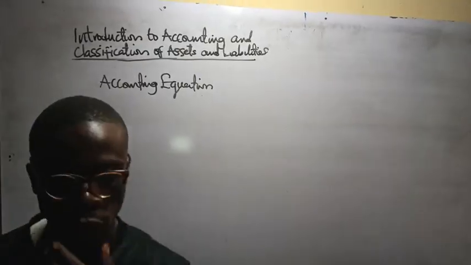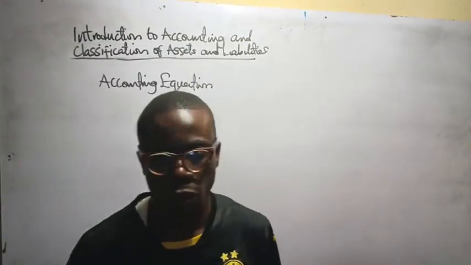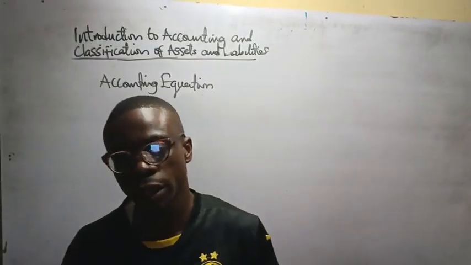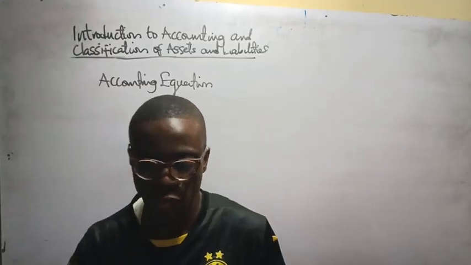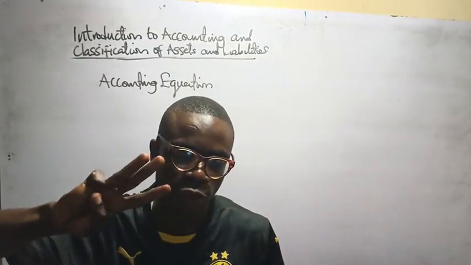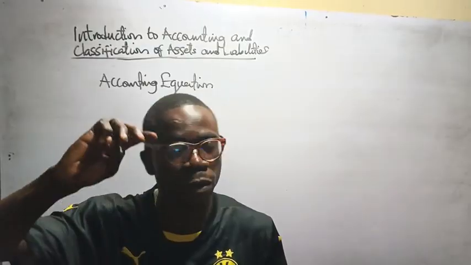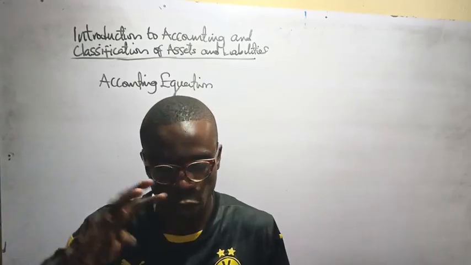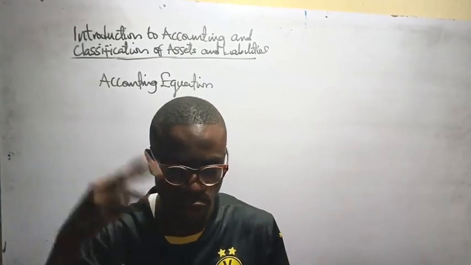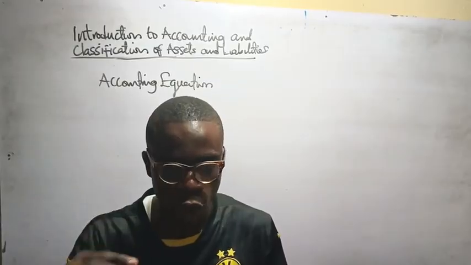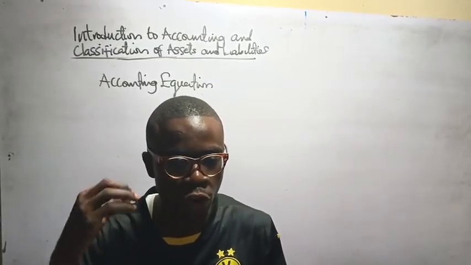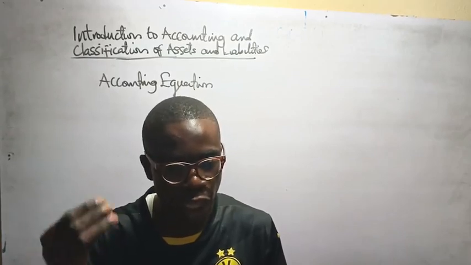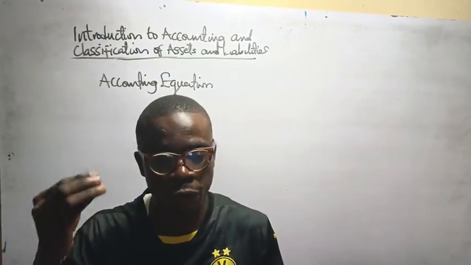So let's go to the accounting equation. The accounting equation is used to explain the statement of financial position. I told you that there are 3 items under the statement of financial position, namely assets, liability, and equity. So this accounting equation is used to explain these items in the statement of financial position.